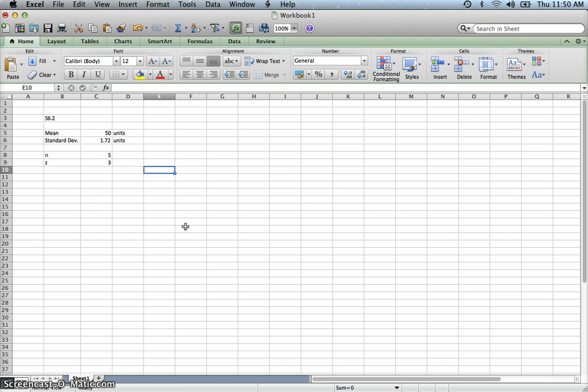So instead of using it as is, we simply take the standard deviation and divide it by the square root of the sample size, the small n.